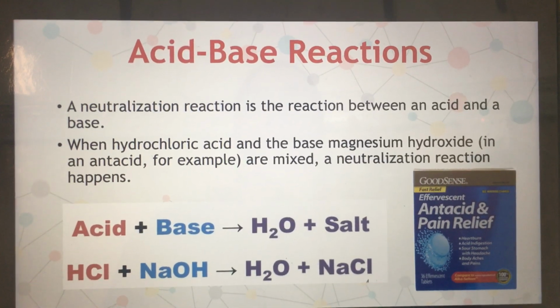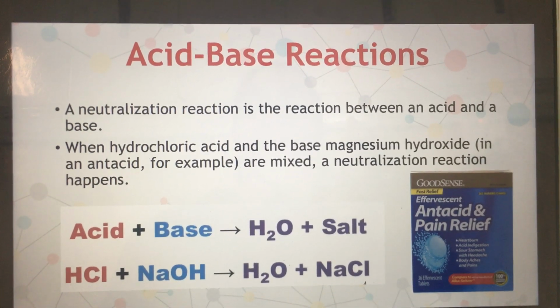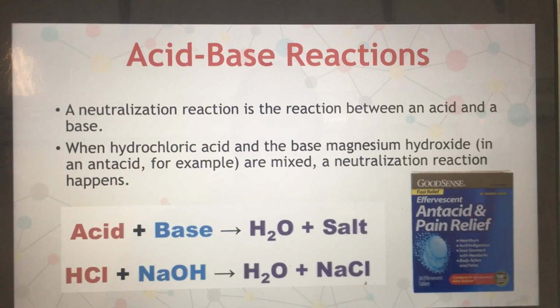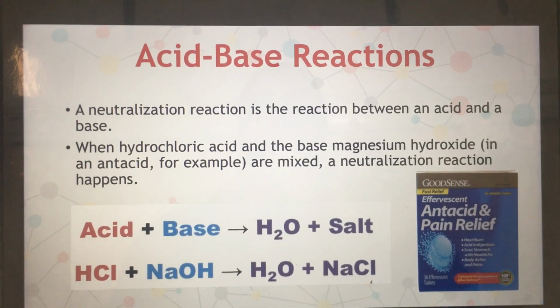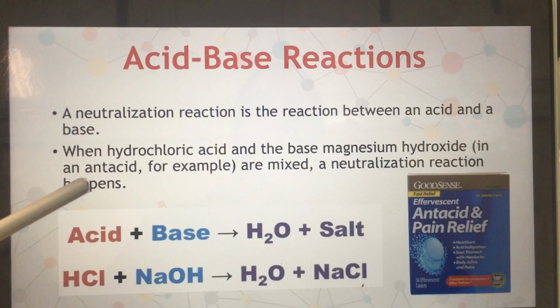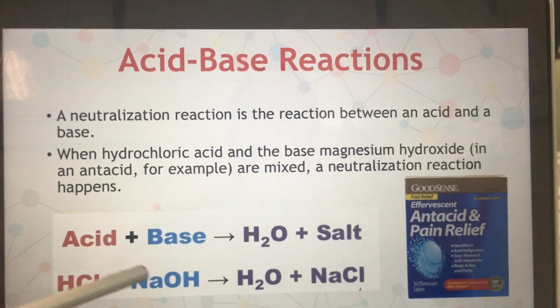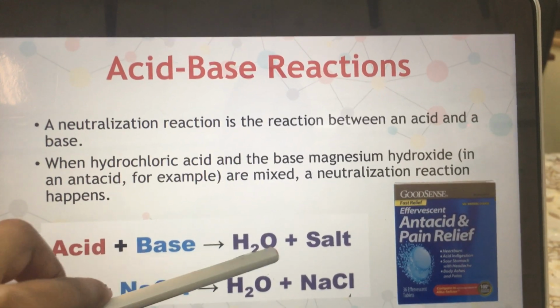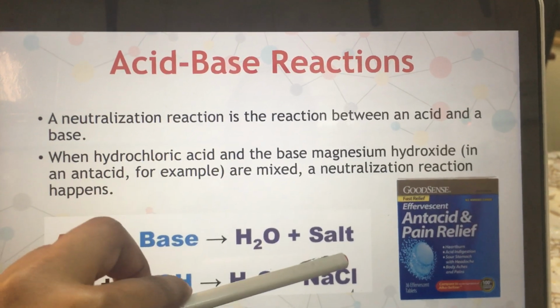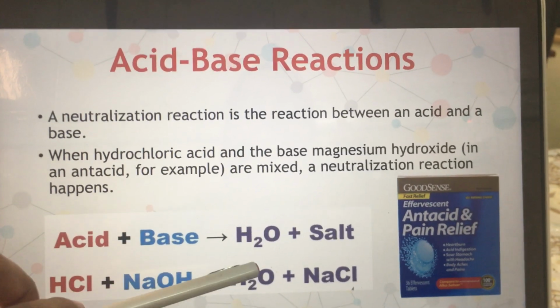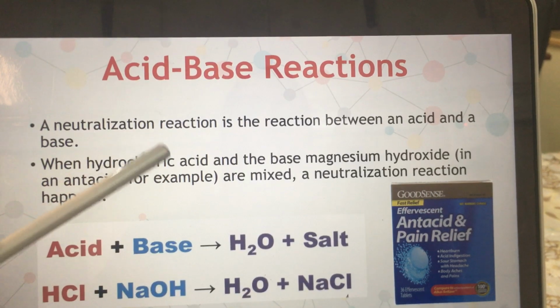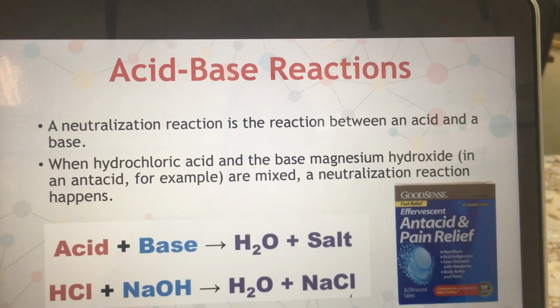They equal each other. Neutralize each other means cancel each other. How do they cancel each other? When a strong acid reacts with a strong base, they form water and salt. Water is neutral. So we call this a neutralization reaction.